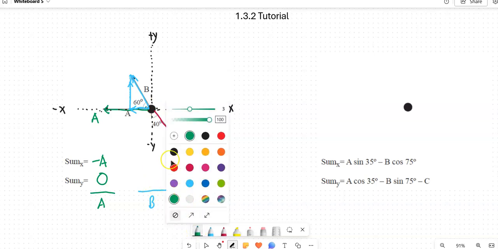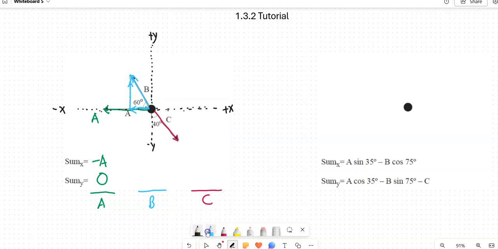So what I'm going to do off to the side, actually I'm going to do it in blue, is I'm going to write sine of 60 degrees. And from what we've learned from trigonometry is SOHCAHTOA, right? Sine of theta is equal to opposite over hypotenuse.